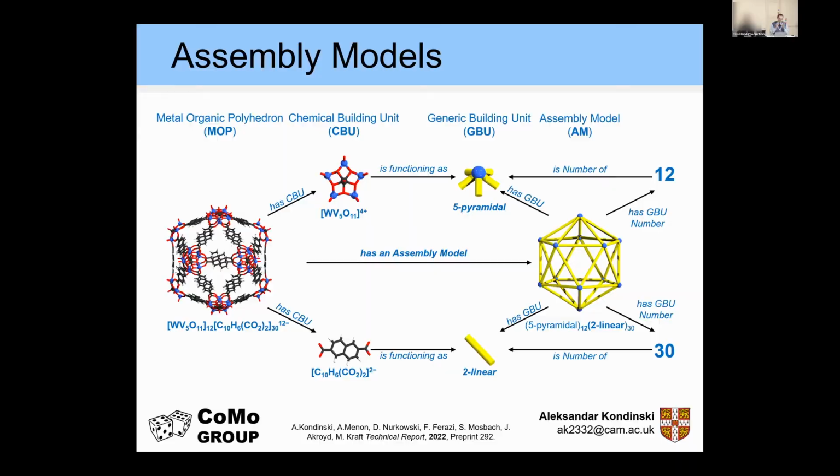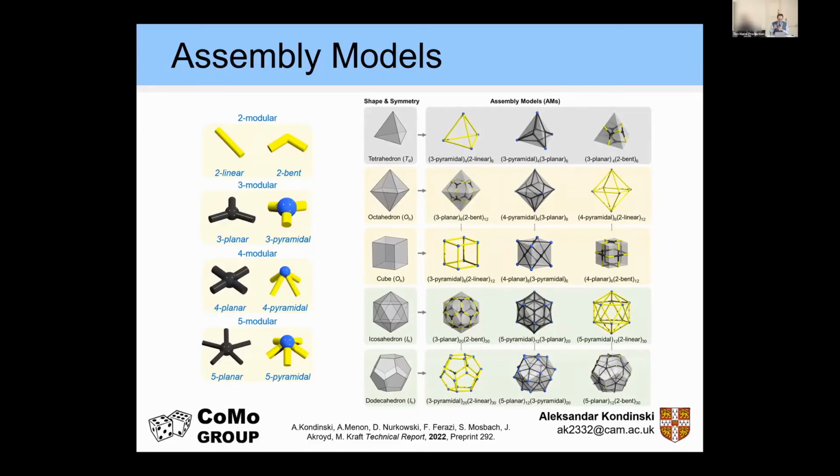What this allows us is to have many MOPs, which suddenly are clustered as assembly models. So we are able to see them through the prism of the assembly models. And it's also, to some level, possible to derive assembly models. For example, just looking at these Platonic shapes, we can derive in a very straightforward way what the possible assembly models would be.